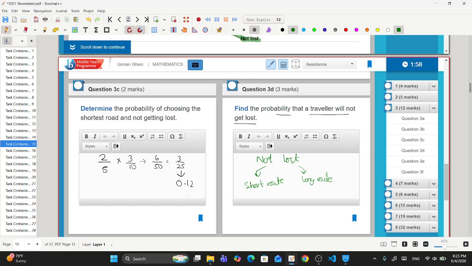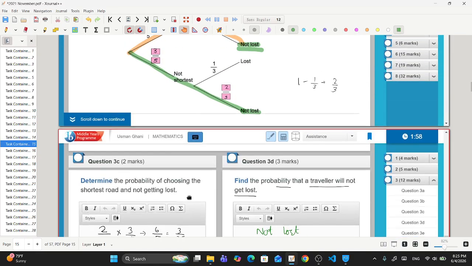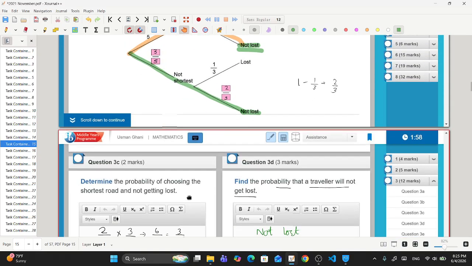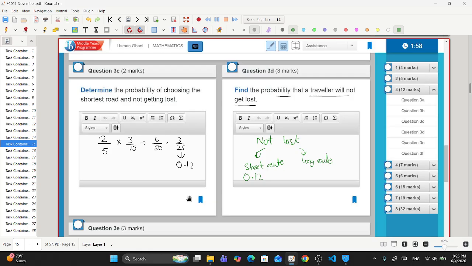The first probability is of not lost and short route, the one we just calculated, which is 0.12. And the second probability is of not lost multiplied by long route, which is 2 by 3 multiplied by 3 by 5.